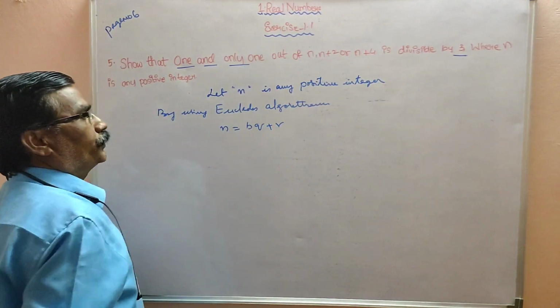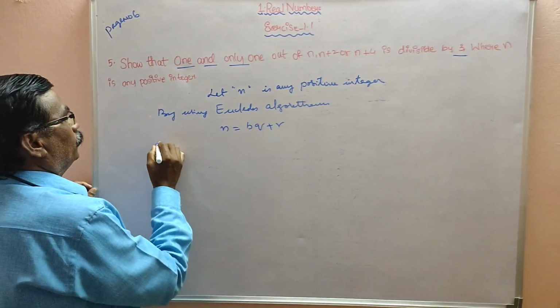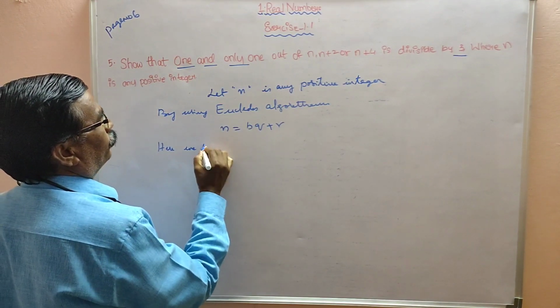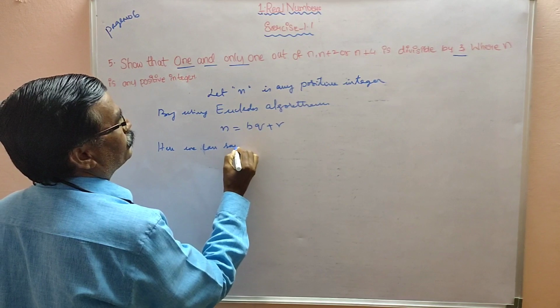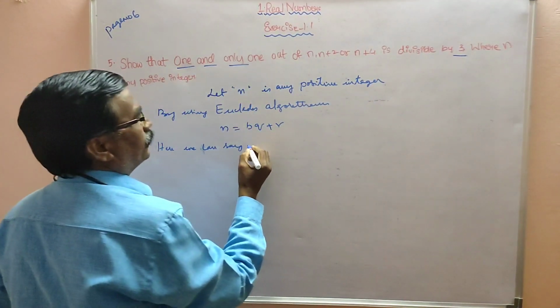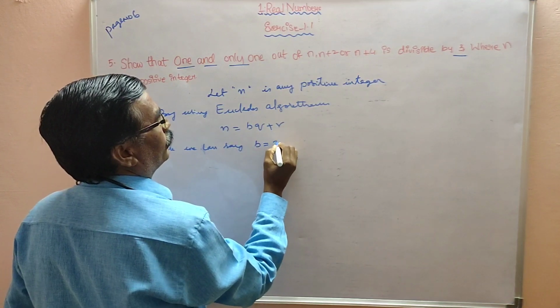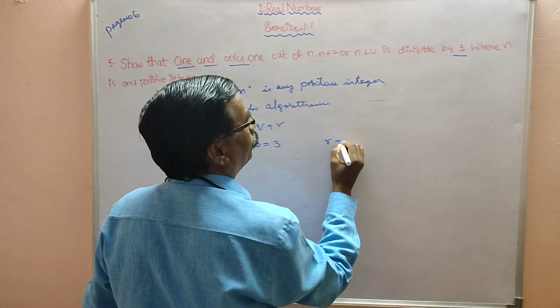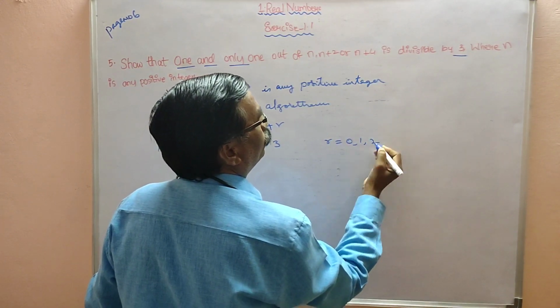Here we can say b is divisible by 3, so we can say b equal to 3. If b is 3, what will r be? r equal to 0, 1, 2 will come.